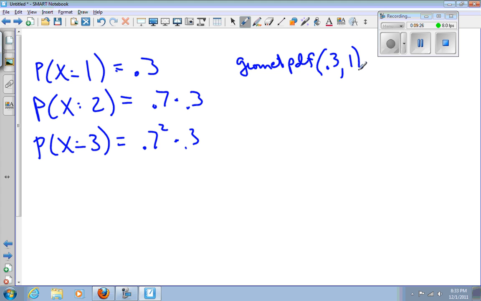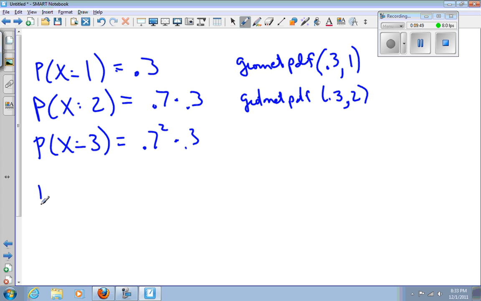So if you do this function right here, you'll get 0.3. If you do this function, geometPDF 0.3 comma 2, you'll get 0.3 times 0.7.